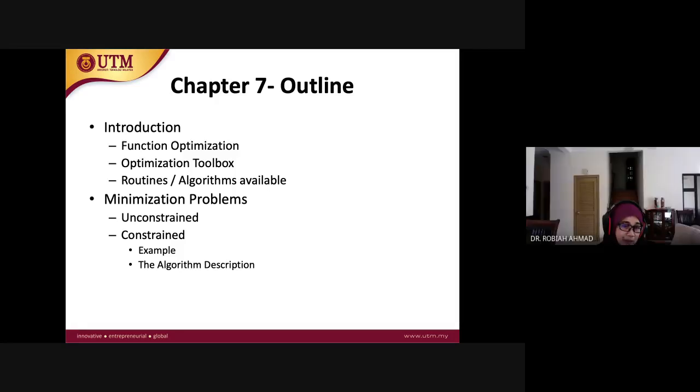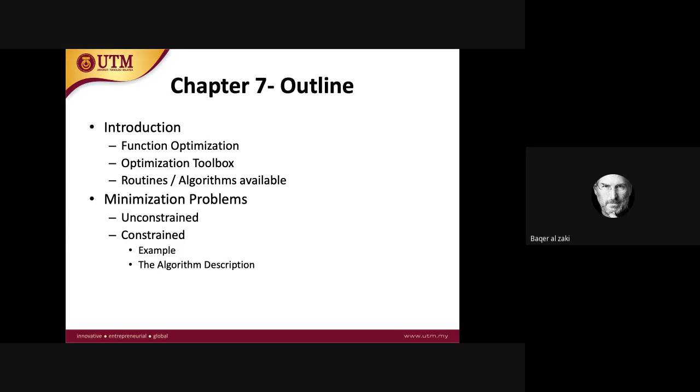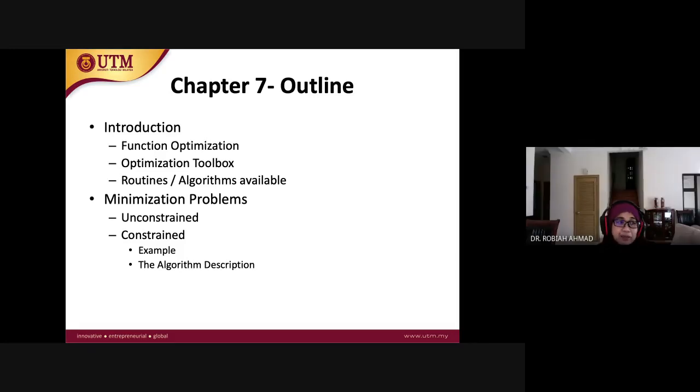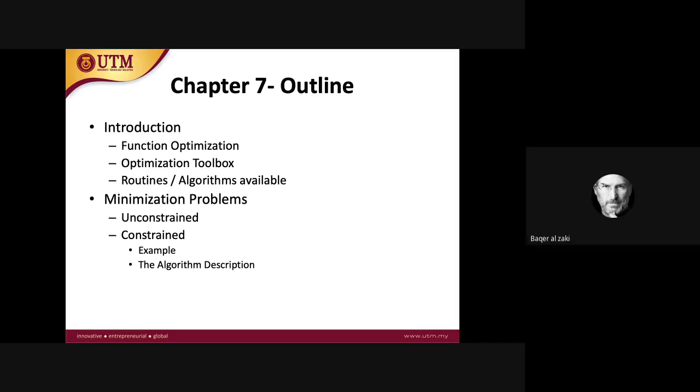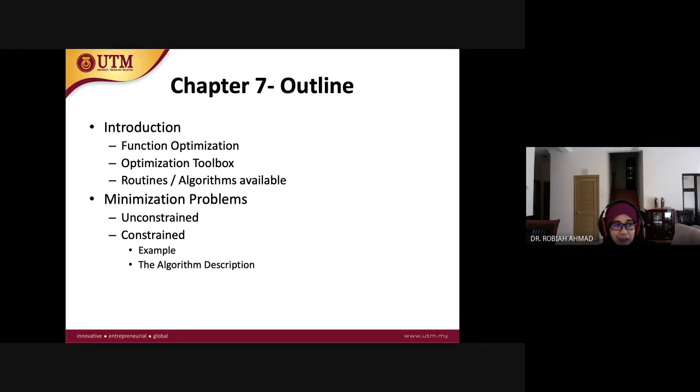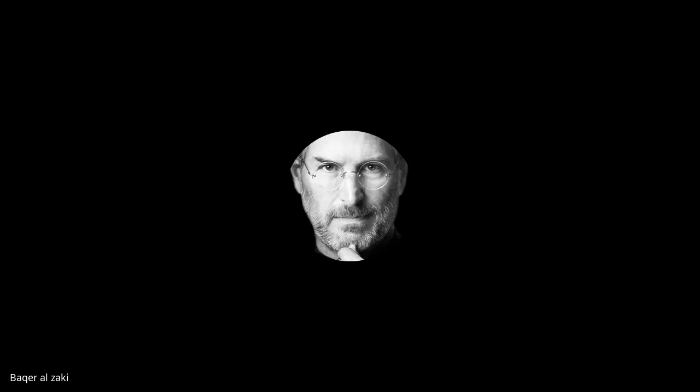So what happens if you want to solve maximization problems? We will look into it, but mostly the functions are for minimization. So we start with unconstrained, and then follow up with constrained, and then we look at the algorithm.